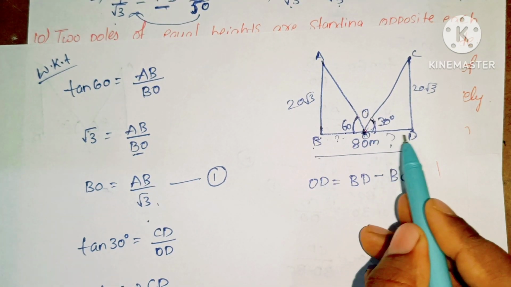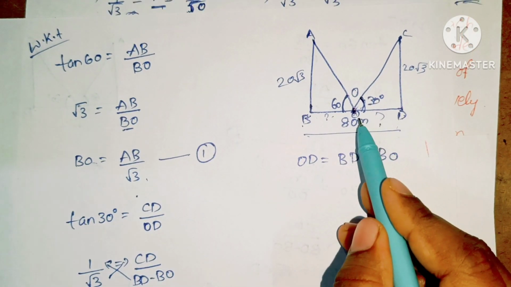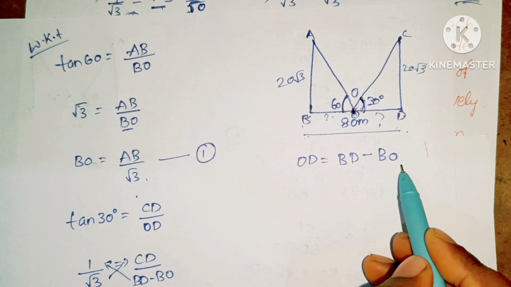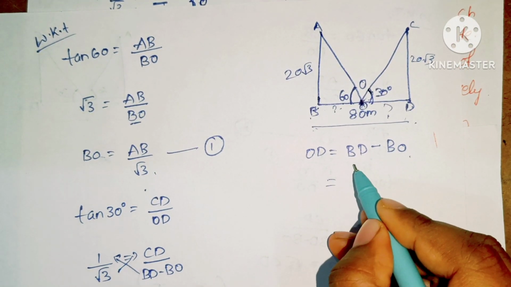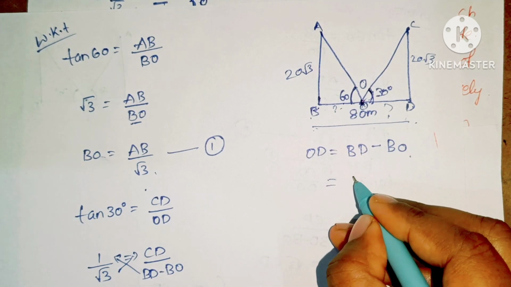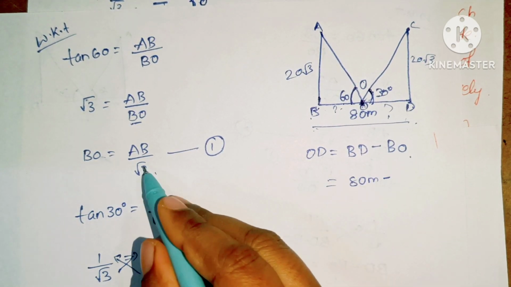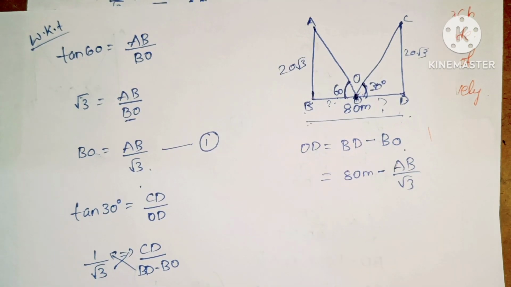So BO equal to OD. You can find out BO or OD. So as I said before, if you want OD, that means BD minus BO. Right? So BD means what here? 80 meters minus BO, which means AB by root 3. Okay.